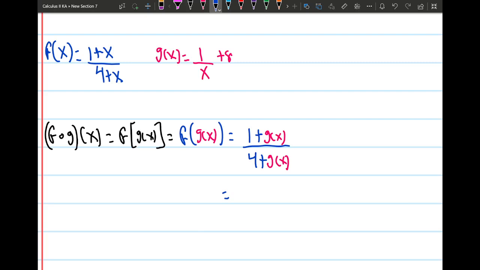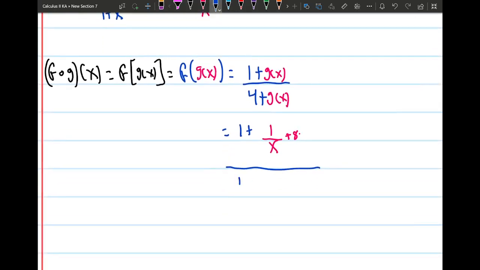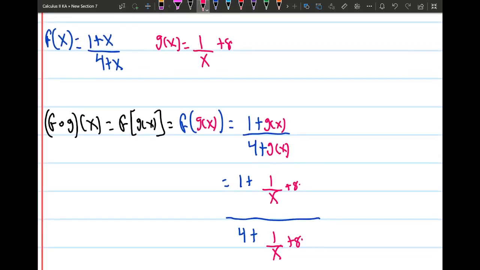So it's going to look like 1 plus, and we're going to put 1 over x plus 8 as an entire fraction, and then 4 plus 1 over x plus 8. Okay, guys, as you can see, the g of x aligns with both of these. So we're just plugging one function into another, and that's what composition of functions is all about.